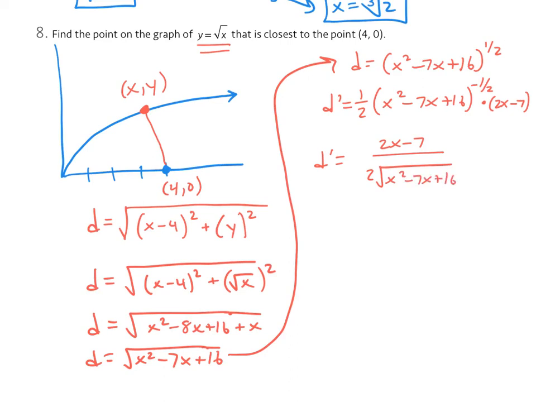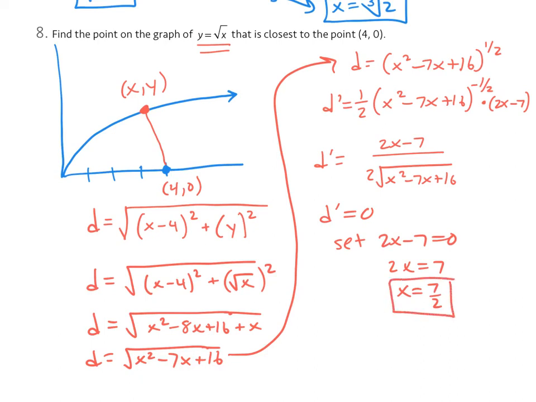And now we want to know, when is the derivative equal to 0? When your expression is a fraction and you want the expression to equal 0, if the bottom equals 0, it's undefined. If the top is equal to 0, it's equal to 0. So set 2x minus 7 equal to 0. That would be 2x equals 7. X equals 7/2, or 3.5.